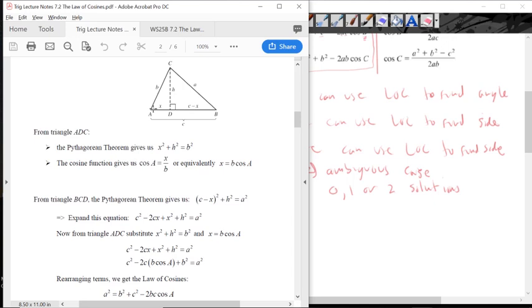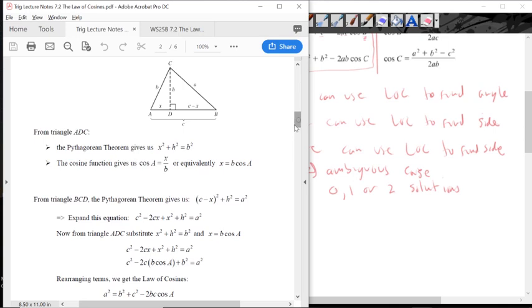What we knew about the two lengths, the length AD and the length DB, is that those two lengths have to add up to equal c. So if we call one of them a variable x, just because we don't know what its length is at all, we just give it a name and call it x, well then the other one must be c minus x. Because then notice if we add the two lengths together, x plus c minus x, those will always add up to equal c, regardless of what x happened to be.